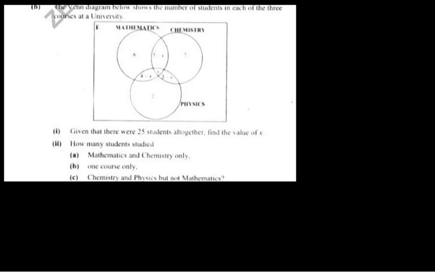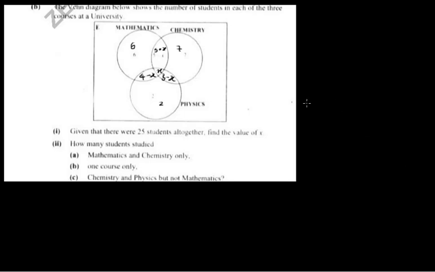And just to make sure that you're able to see, this is 6, this is 5 minus x, this is 7, this is 2, this is 3 minus x, and this is x, and this is 4 minus x. Okay, so that is what we have.